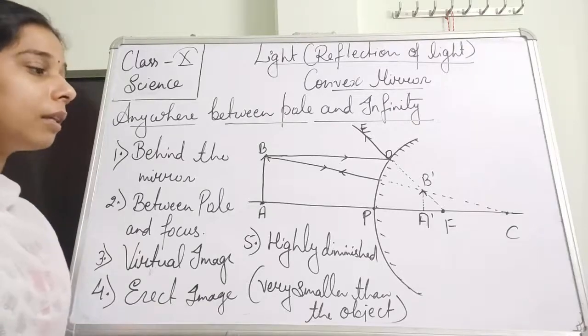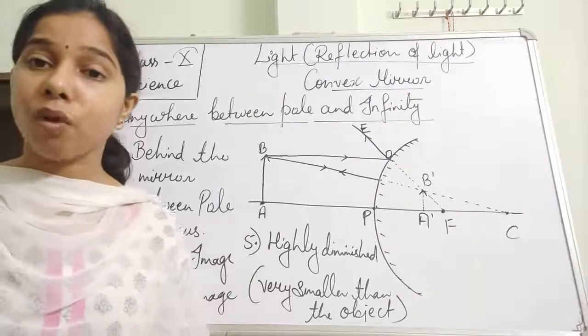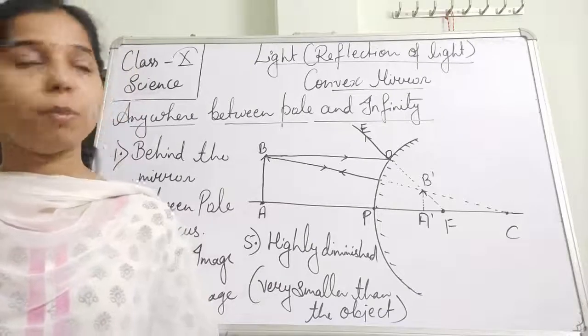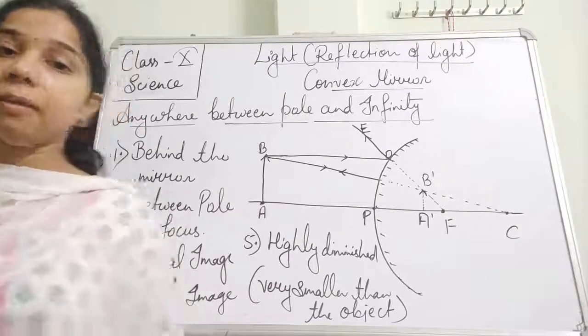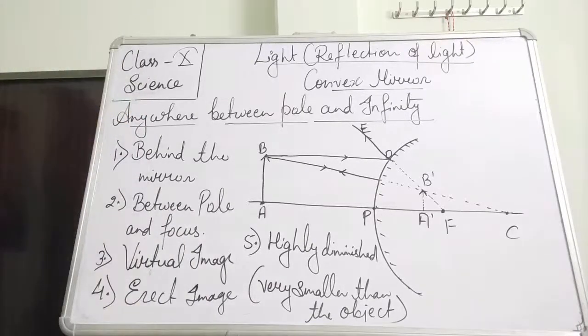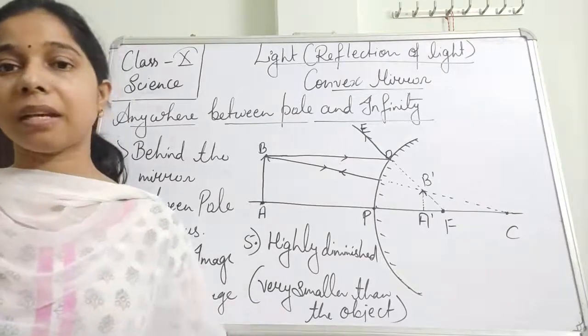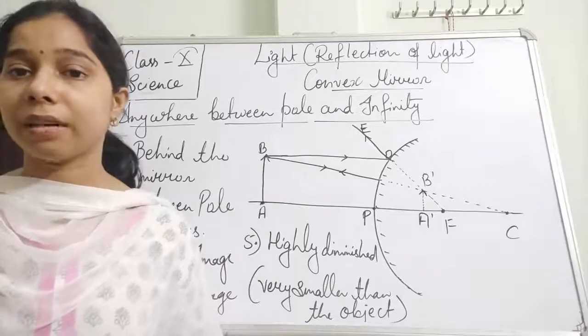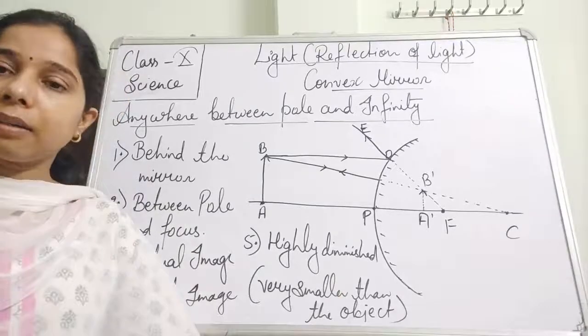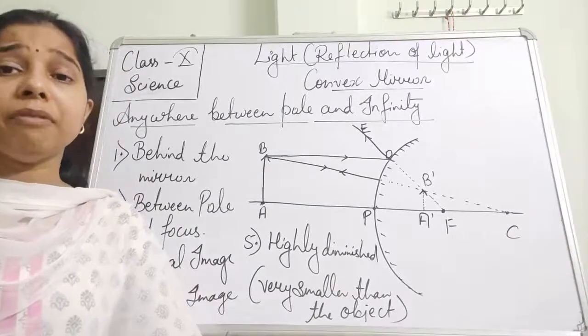This is the kind of an image formed when the object is kept between pole and infinity, students. Okay. We can understand this by holding a matchstick and keeping it in front of a convex mirror. You will find the kind of image that is formed. It is really very small.